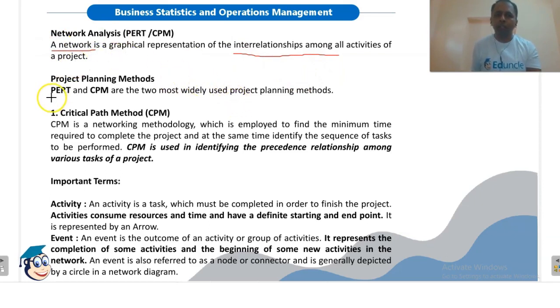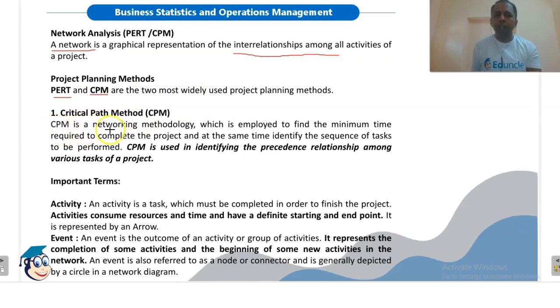There are two techniques of network analysis. These are program evaluation review technique and critical path method. So these are the two most widely used project planning methods. We will start with critical path method.